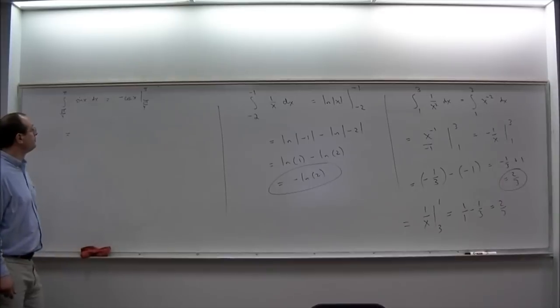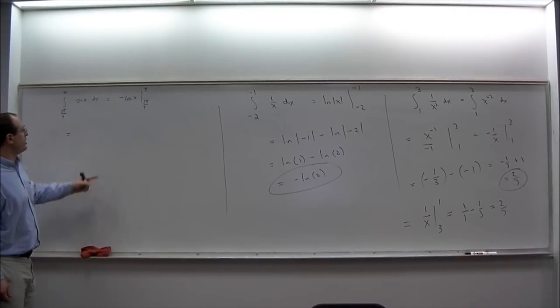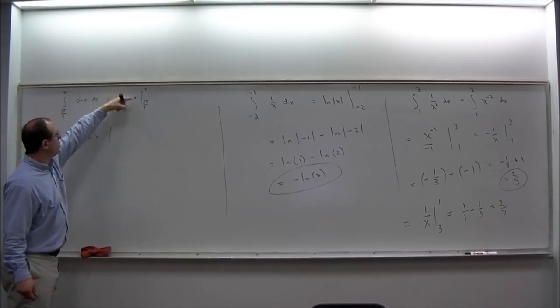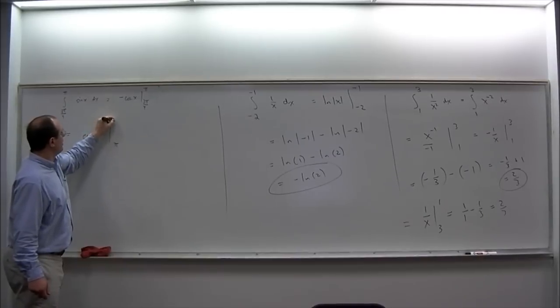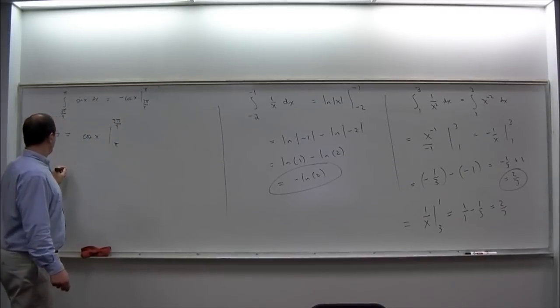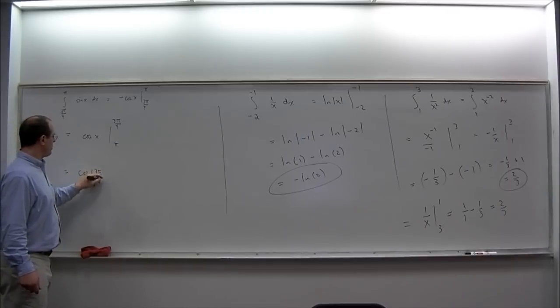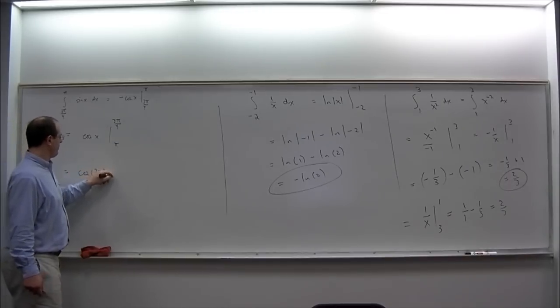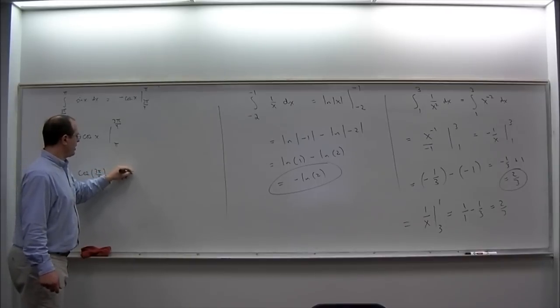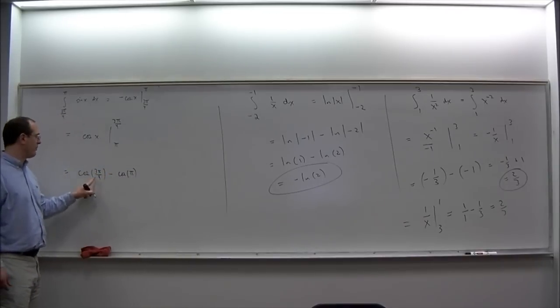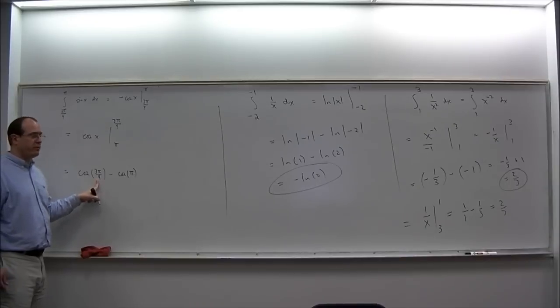And then, since we have that negative there, we can rewrite this as cosine x and switch the numbers pi and 3 pi over 4, so that we get cosine of 3 pi over 4 minus cosine of pi. And now the cosine of 3 pi over 4, that's 135 degrees.